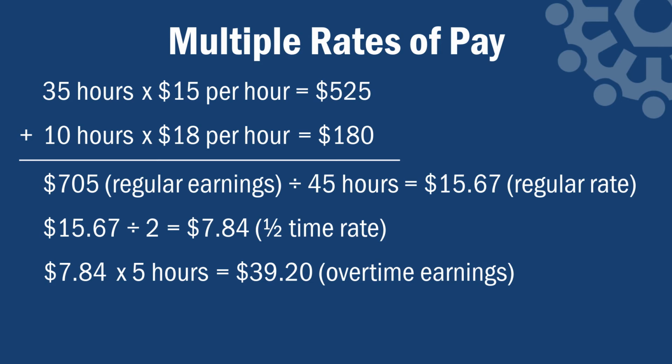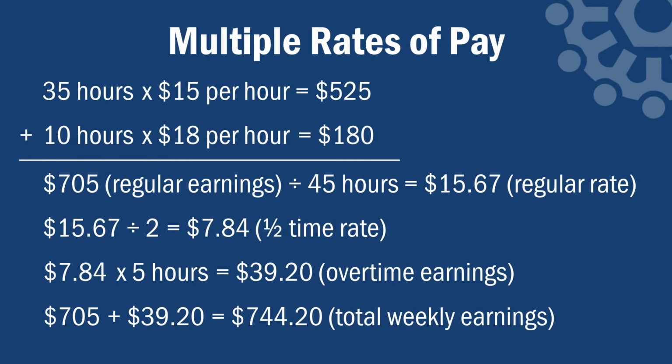As $705 was already established as the regular earnings, we simply must add the overtime earnings, $705, plus $39.20 gives us $744.20 as total weekly earnings. This is referred to as weighted average overtime.